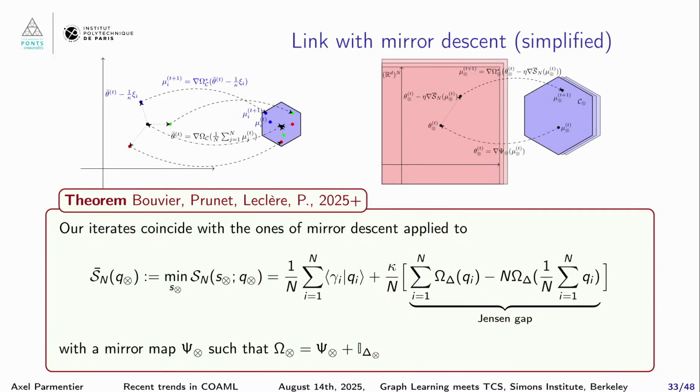For the mirror descent, that's what I explained before. The surprising thing is that when you minimize over Q, over S, over your score, that is over your graph neural network, what you get is your objective function plus the Jensen gap. And surprisingly, if you take an arbitrary convex regularization omega, this is just going to be positive.